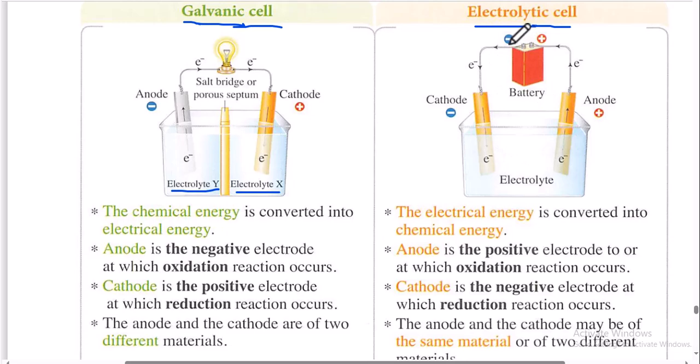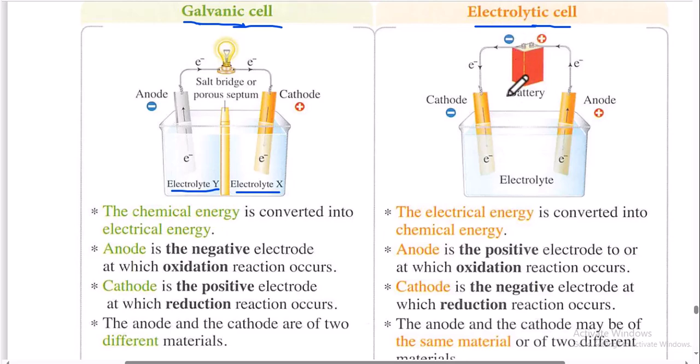So electrons go through the outer wire to the cathode to reduce the cations which are attracted to the cathode, and electrons go from the anode as an oxidation process happens to the anions. So in the electrolytic cell, there is one electrolyte, and the electrodes may be the same or different.